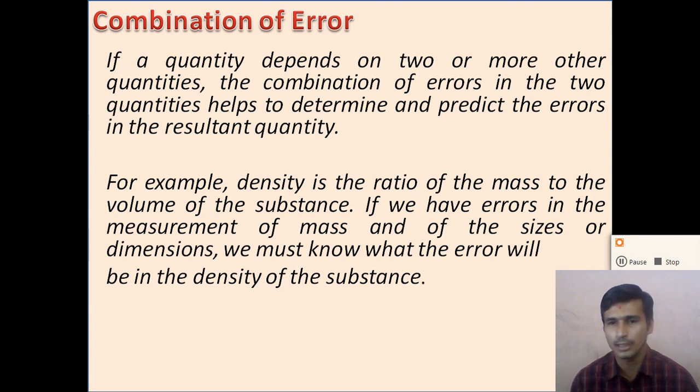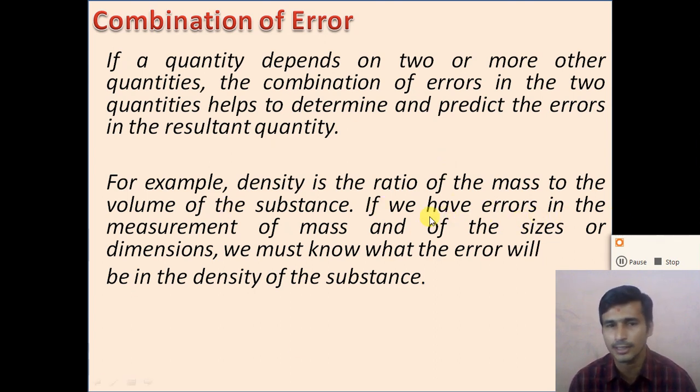While we are measuring the mass and the size of the object, there will be some error. It is possible that there will be some error in the measurement. So what will be the error in the density of the substance? We can calculate it easily by the combination of errors.